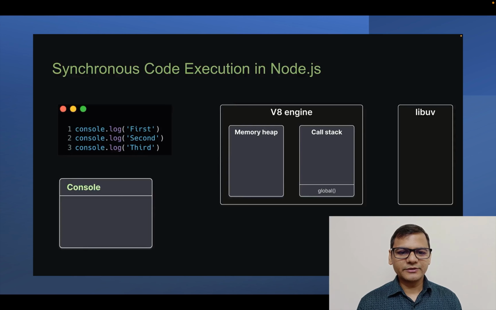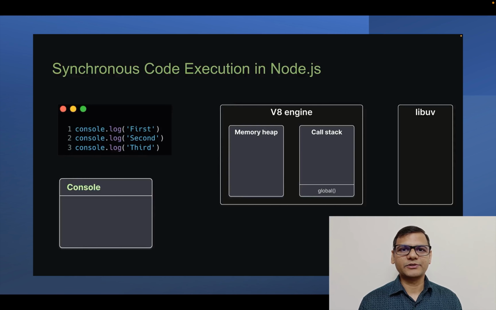Right now we are going to view how synchronous tasks get executed. While executing any code, first of all, the global function gets called, and it is a function that is already available in any script. We don't have to write this one.